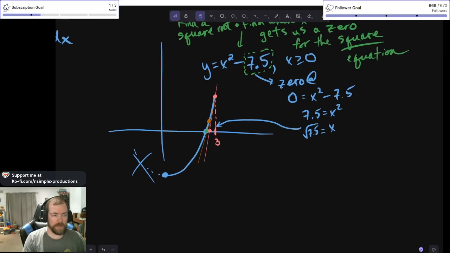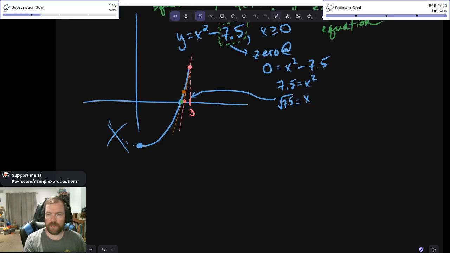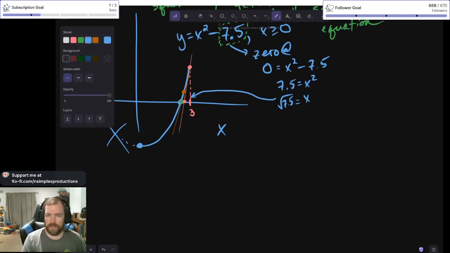Okay, so Newton's method in this particular case is going to get us that our x1 is equal to x0 minus f at x0 over f prime at x0.